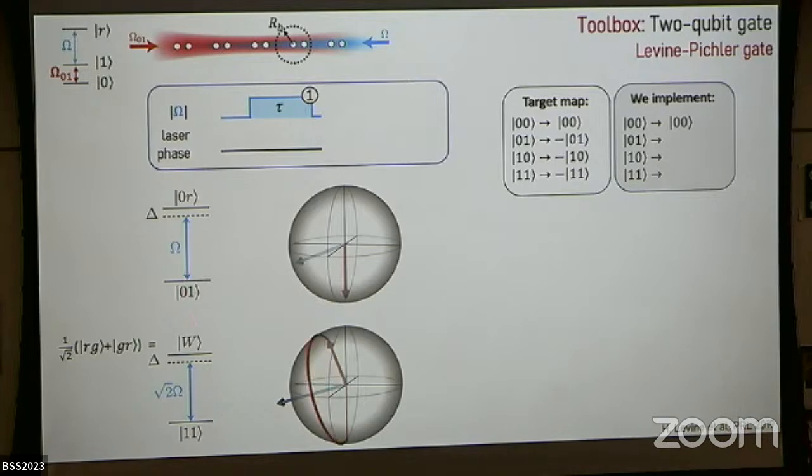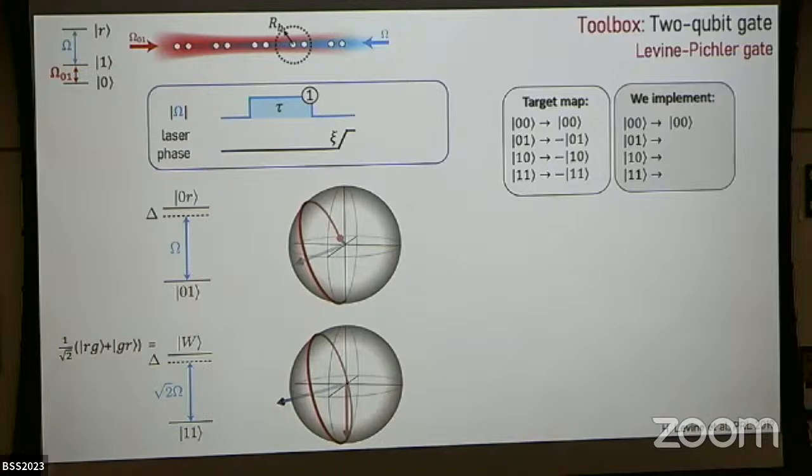So we set the duration of this pulse such that this two-level system completes a full oscillation, a full trajectory around the Bloch sphere. So if it starts from the South Pole, it will go back to the South Pole. Since this two-level system has a lower Rabi frequency, when you do the same pulse, it will stop somewhere on the Bloch sphere. It won't be able to go back.